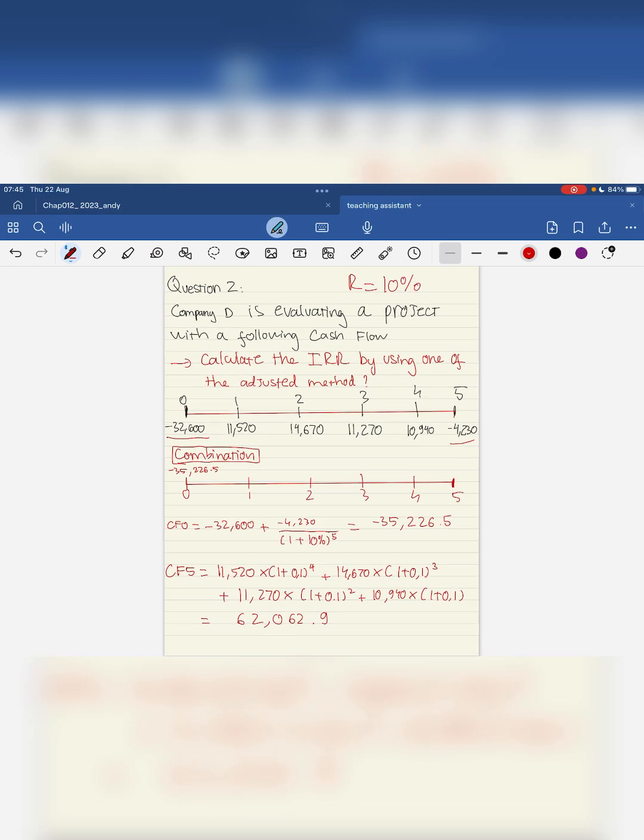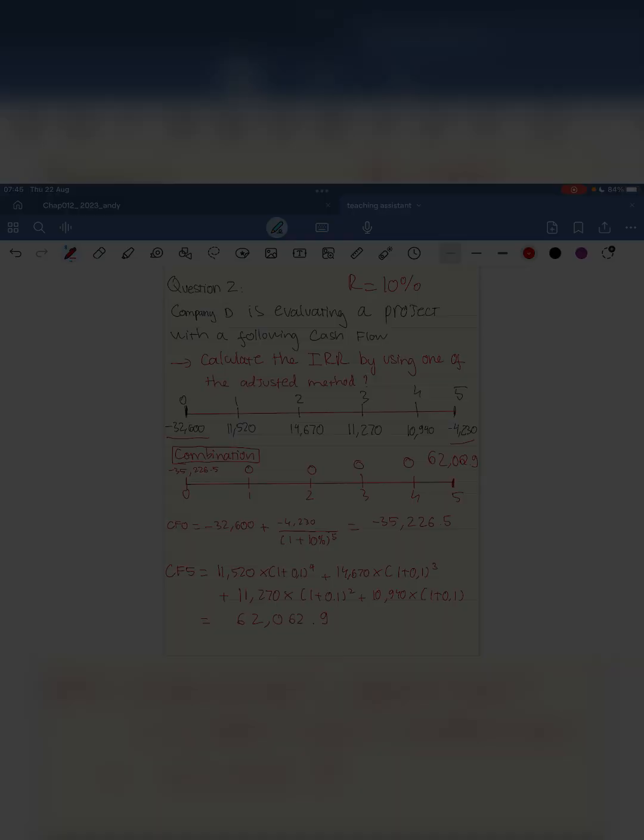Now that we already have CF0 and CF5, our new cash flow timeline will look like this. Year 0, minus 35,226.5, year 1, 0, year 2, 0, year 3, 0, year 4, 0, and year 5, 62,062.9.